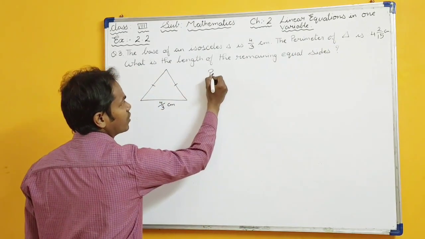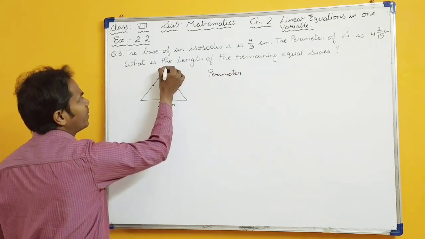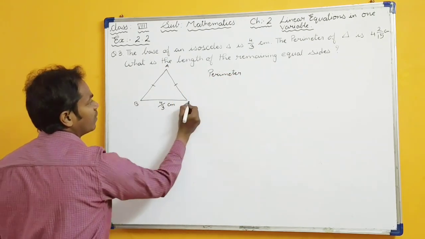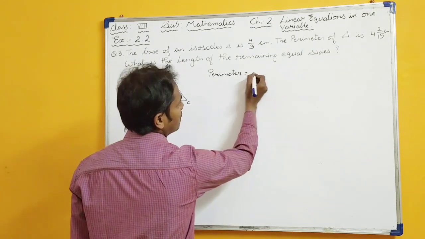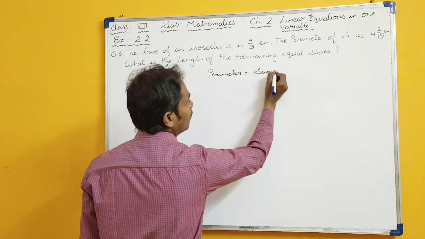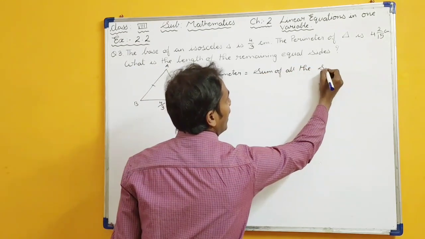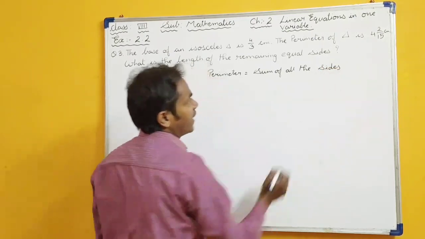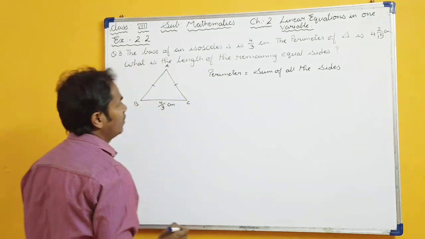The perimeter of the triangle is given in the question. What do you mean by perimeter? Perimeter means sum of all the sides, and the sum of all the sides is already given in the question. Your perimeter is 4 2 upon 15.